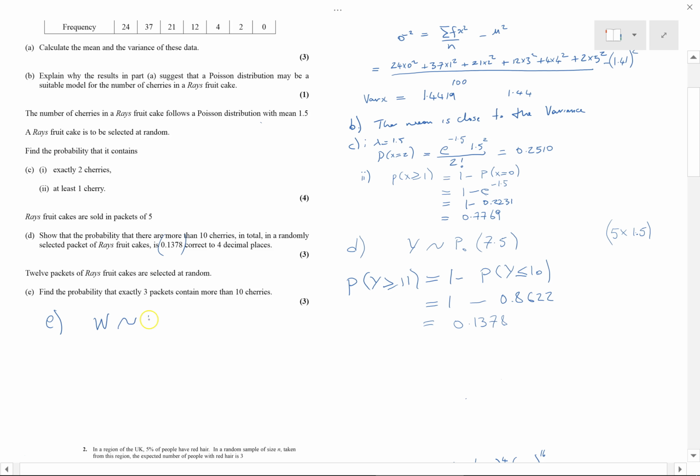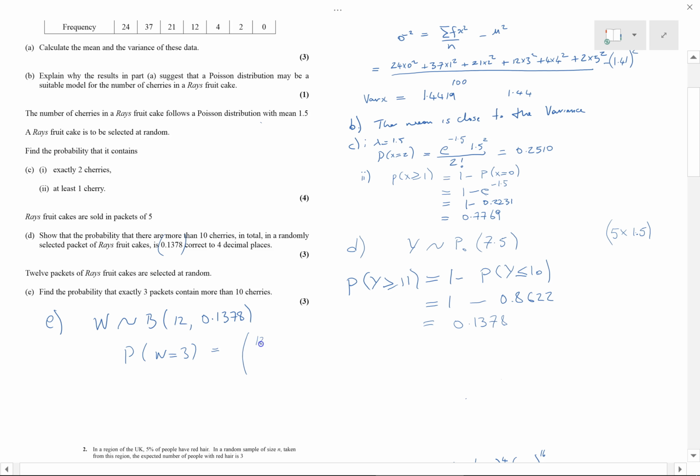W is binomial because we've got 12 of them, and the probability that any single one of them has more than 10 is 0.1378. So we're looking for the probability that W equals 3, because it wants exactly 3, not more than 3. So we want W to be 3. So we're just applying the binomial formula now.